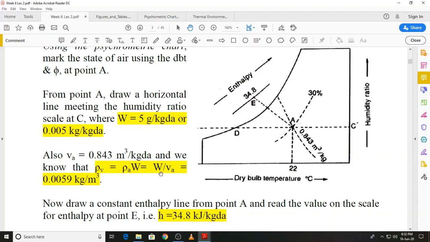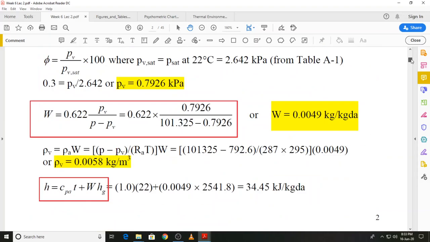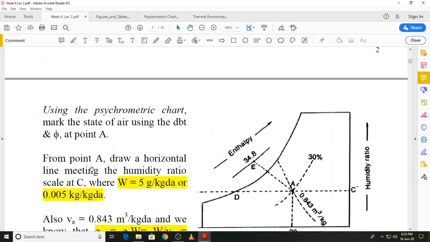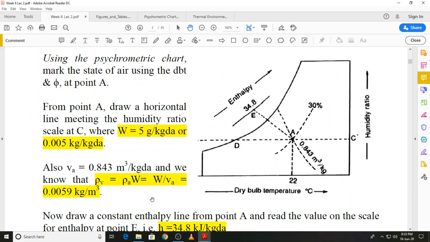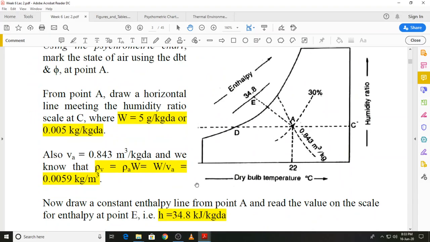And that gives you the value of the density of water vapor, that is around 0.0059 kilogram per meter cube. If you compare these values with the previous ones, this we have found out to be 0.005, this is 0.0058, and we have got the value 0.0059. So although I've just used visual observation, we are still quite close to the calculated values from the equations.